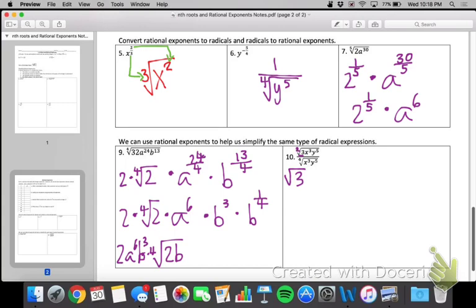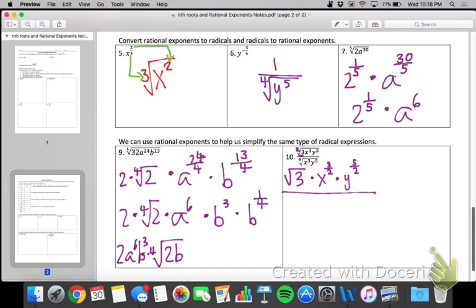All the other ones, remember, this is a square root, so that's an index of 2, which means all of these terms can be rewritten as, in the numerator, x with an exponent of 3 and a square root radical. So x to the 3 halves, and then y to the 5 halves. Denominator, I can do the same thing.